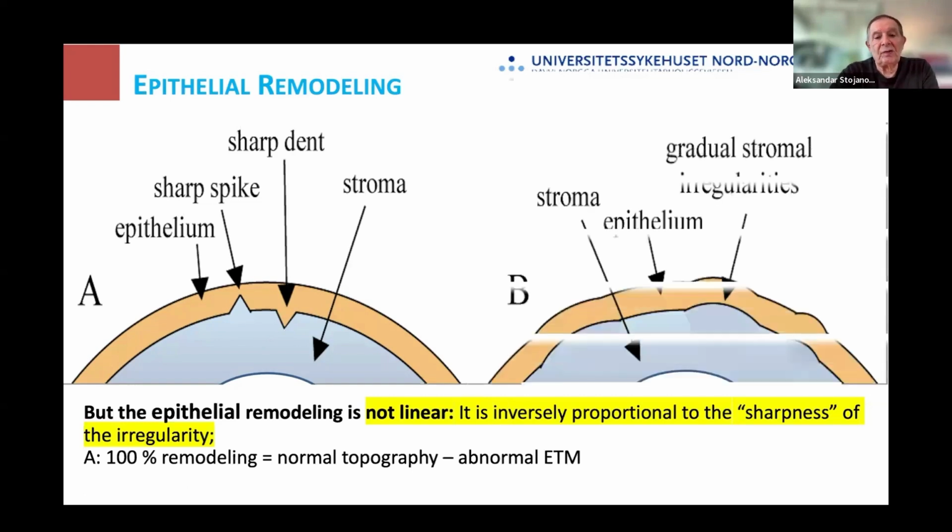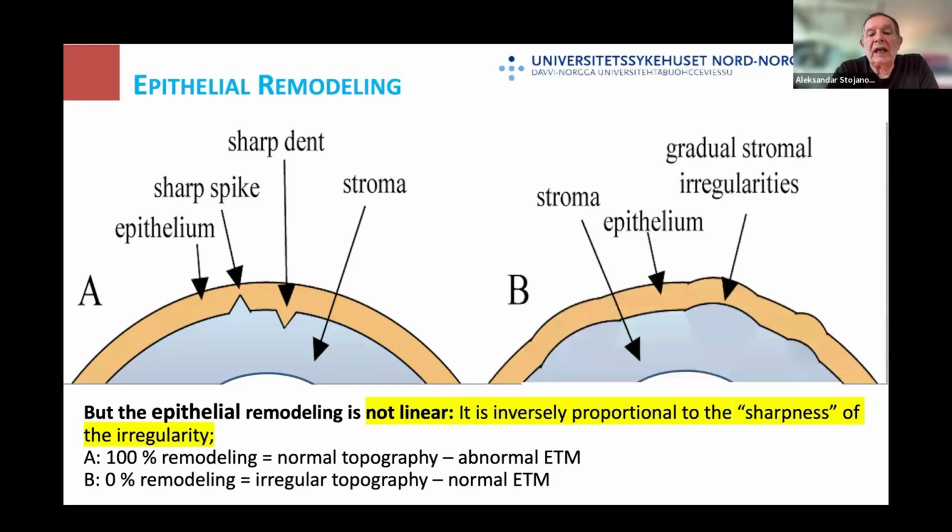The opposite situation will occur if we have very smooth transitions between elevations and depressions. In this case, epithelial remodeling will not be stimulated. It will not happen.